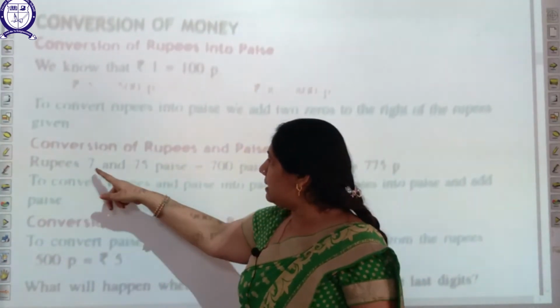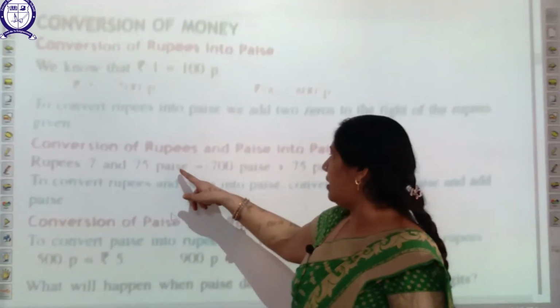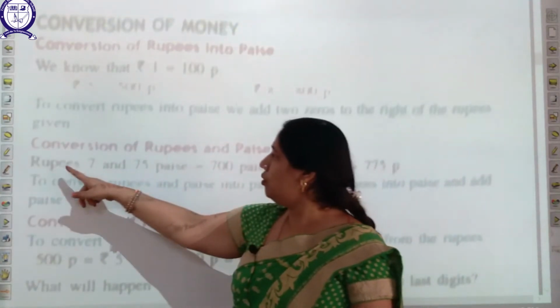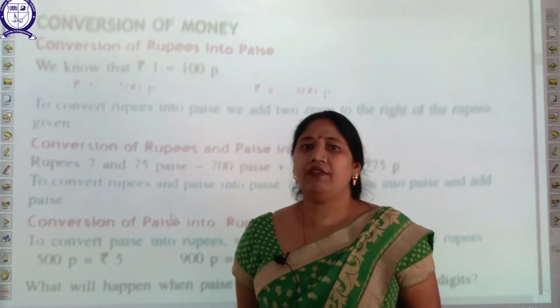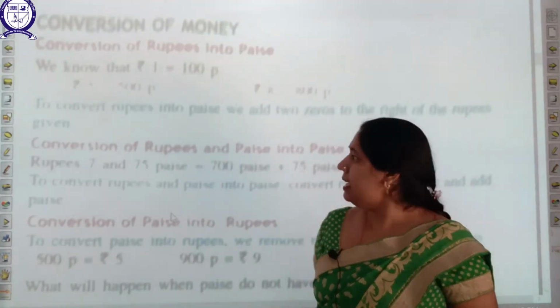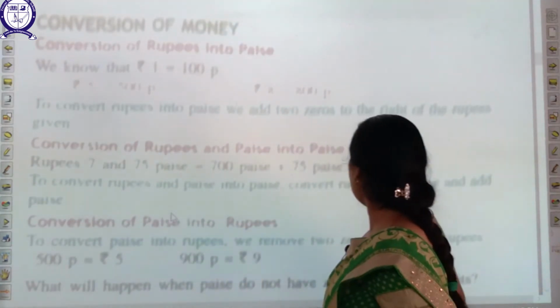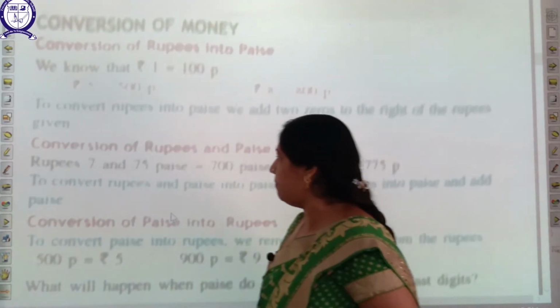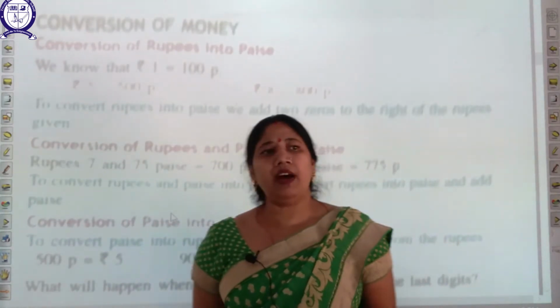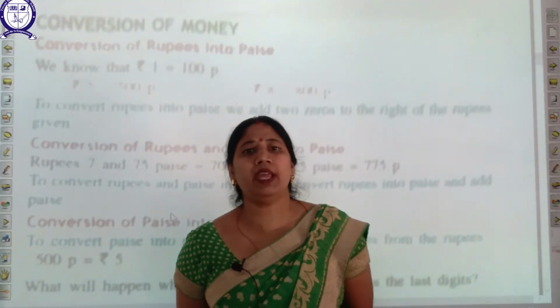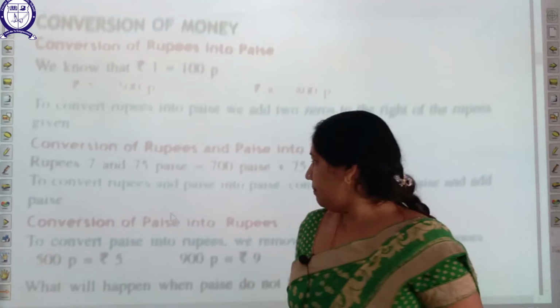Here rupees 7 and 75 paise: 7 rupees is equal to 700 paise, and we add 75 paise, so 775 paise. For conversion of paise into rupees, 500 paise is equal to 5 rupees.